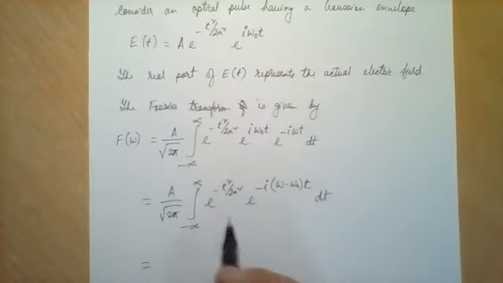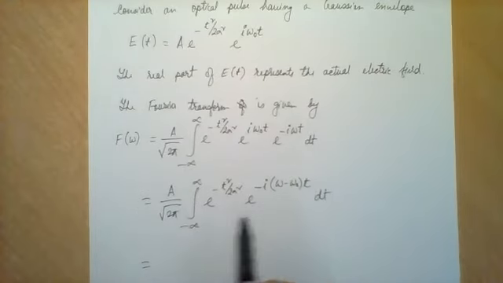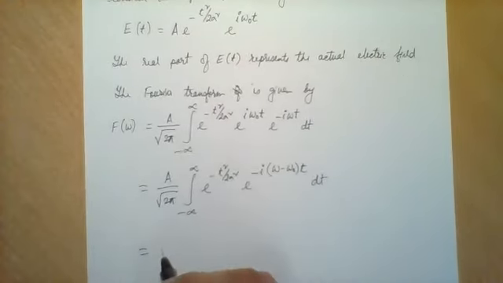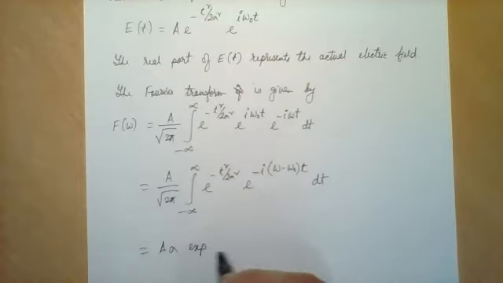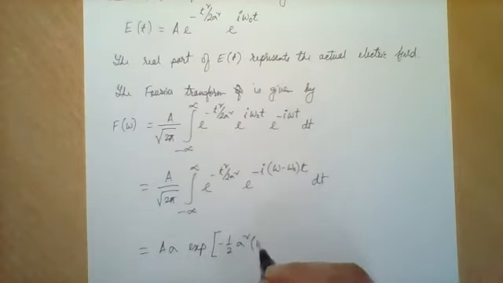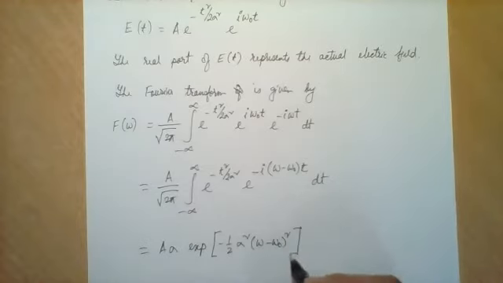And this we can see from the last example will be given by a sigma exponent of minus half sigma square omega minus omega naught whole square.